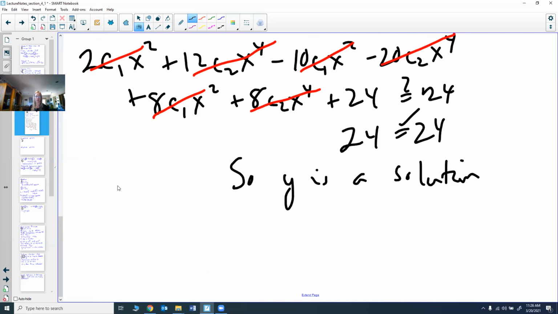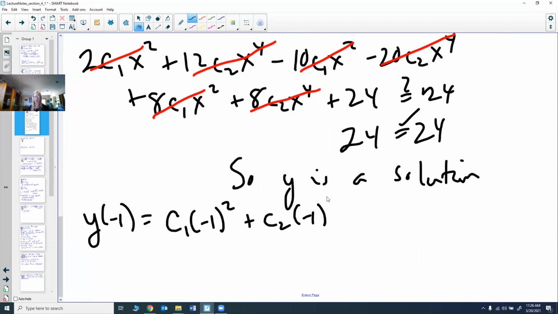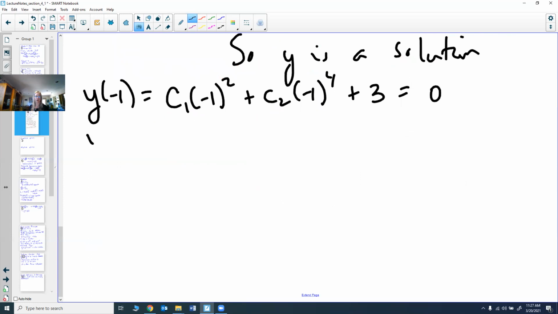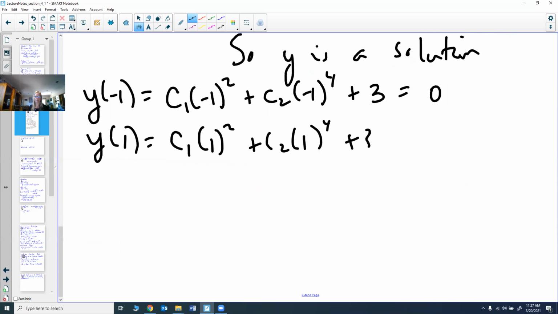So y of -1 is going to equal c1 times (-1) squared plus c2 times (-1) to the fourth plus 3, and that's going to equal 0, because y of -1 was 0. And then the other one was y of 1, which would be c1 times 1 squared plus c2 times 1 to the fourth plus 3, and that was going to equal 4.